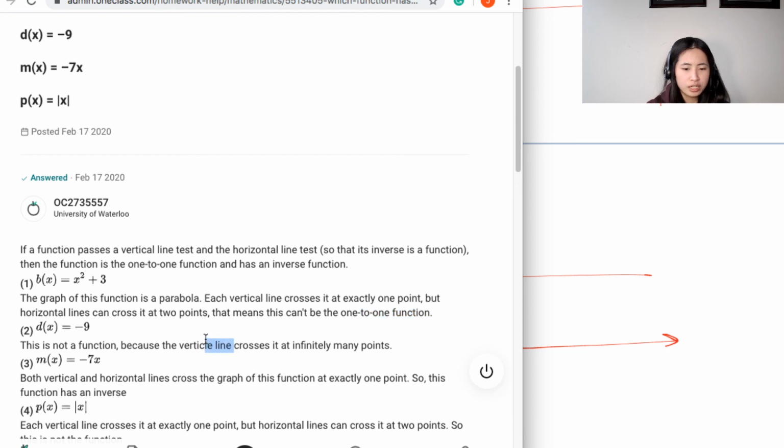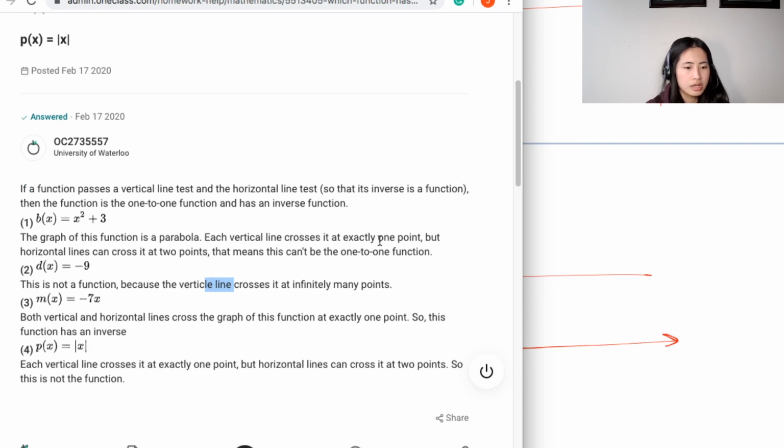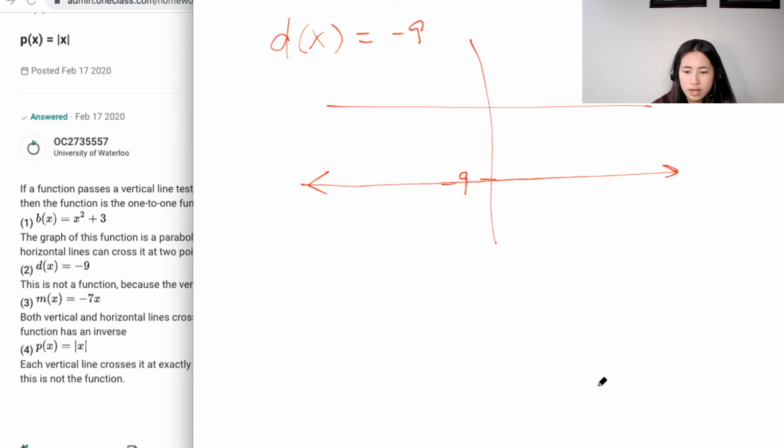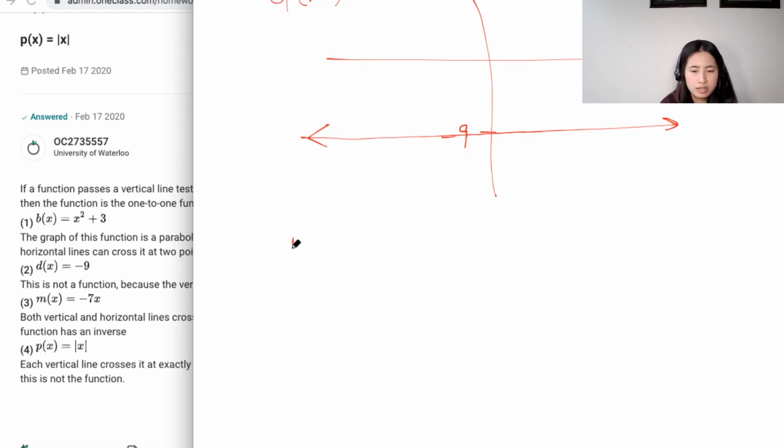Also, the vertical line crosses it at infinitely many points. Okay, great. So let's move on to m of x. So m of x, you have -7x. As you can see, this is a linear function. So -7x looks something like this.